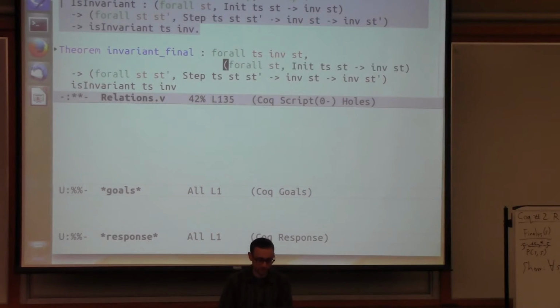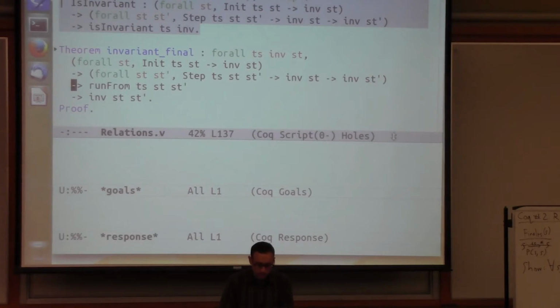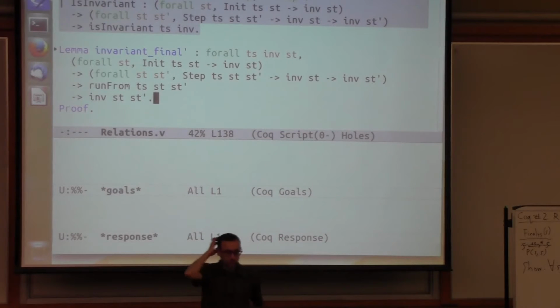Just makes this a little simpler to read. Also, I'll call it a lemma and put a prime at the end. But to make this a true theorem statement, there's one more change we'll have to make. Any ideas what that would be?